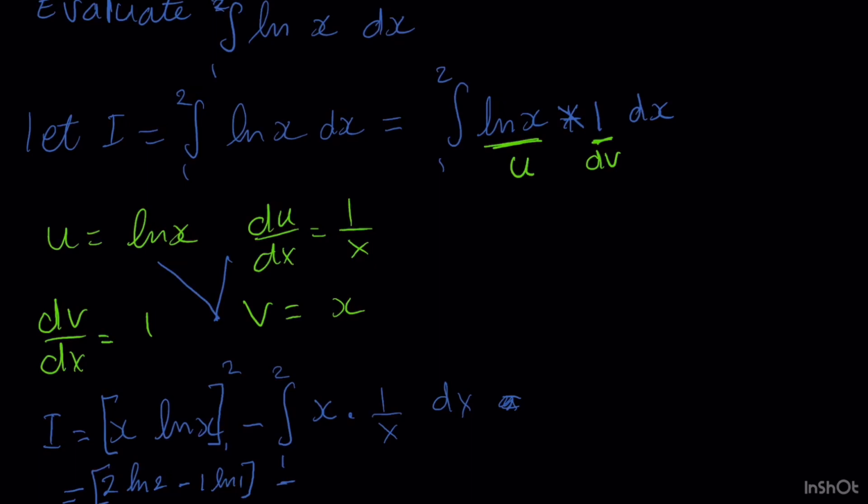Then there's going to be integration of 1 over x is ln x, so it's going to be minus 1 ln x from 1 to 2.